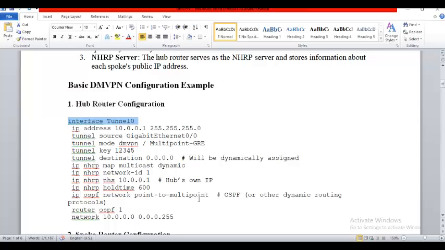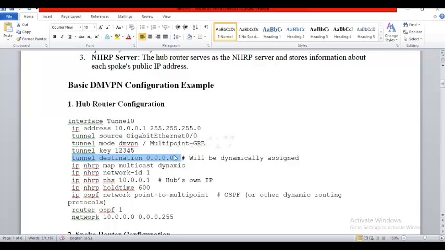Now, let us go again one more time to understand the configuration. Tunnel interface needs an IP address. And tunnel source should be given. Destination, dynamic. So you don't say any destination. This is the mode. This is the tunnel key.